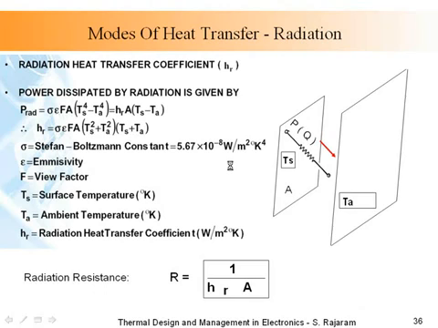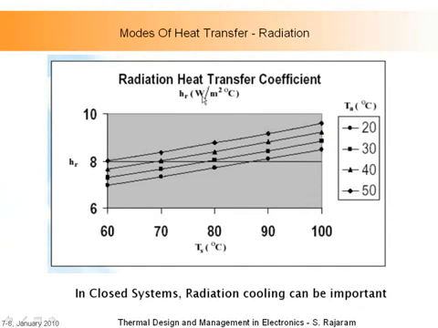And you can see here the radiation heat transfer coefficient in watts per meter squared degree C for various surface temperatures. Typically in electronics, the ambient may be 50 degrees C, and the surface may be in the range of, say, 60 to 70 degrees C. You can see the number is of the order of about 6 to 8 watts per meter squared degree C. And if you look at heat transfer coefficients for natural convection from flat plates, you will find that that number is roughly the same.